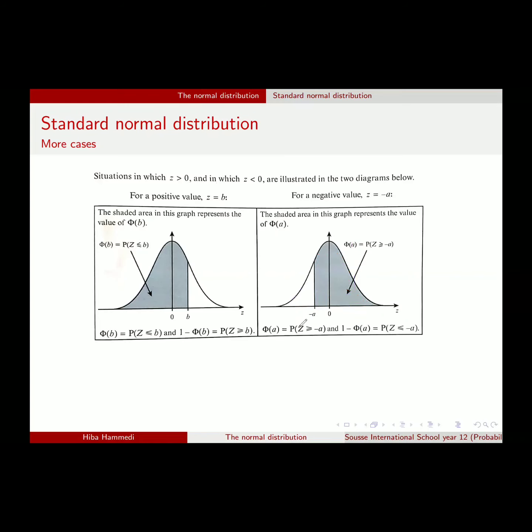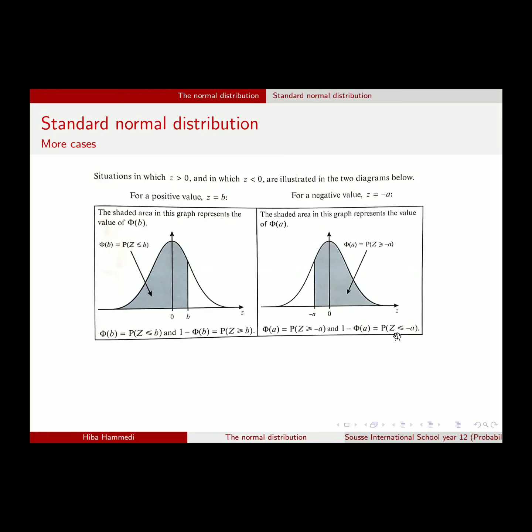So using the symmetry here, I have that the probability of z is more than negative a is equal to the probability of z less than a, which is equal to phi a here.